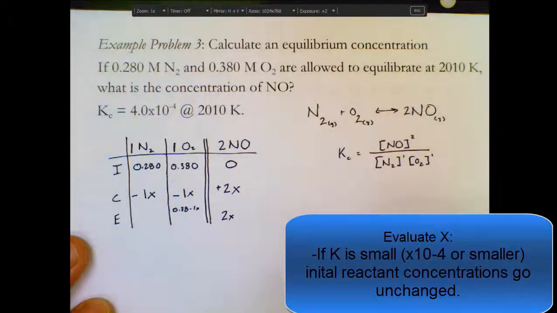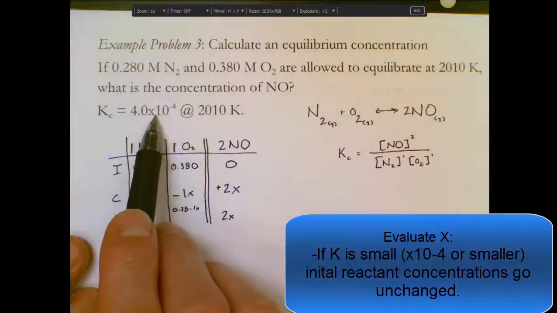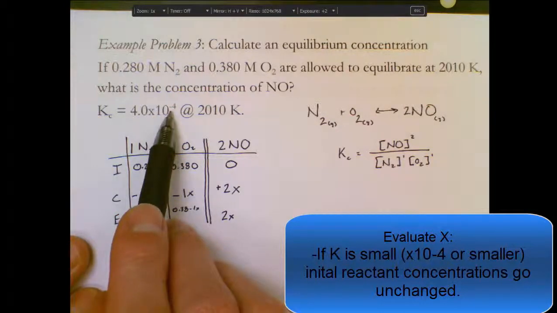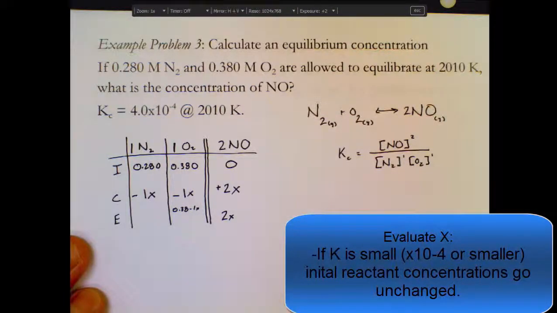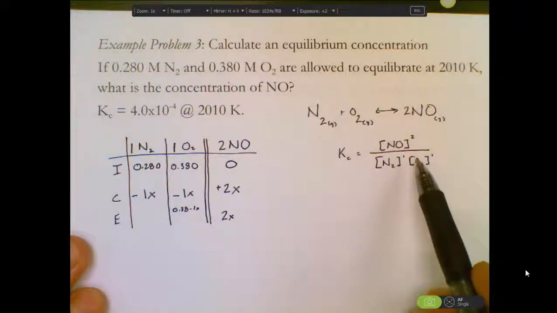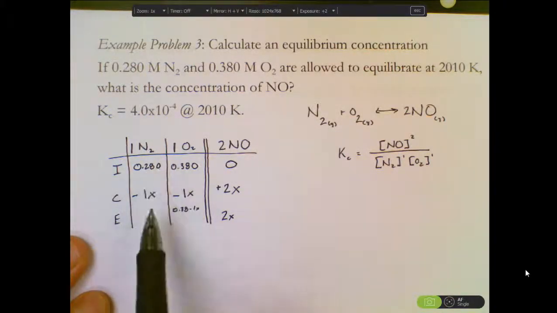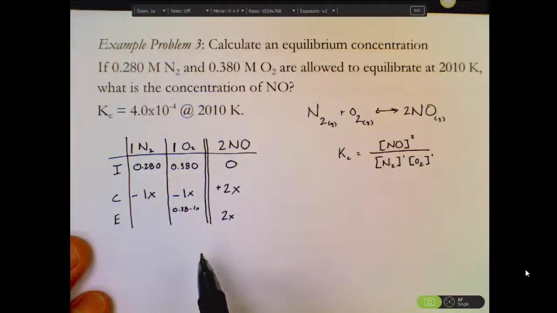However, we are able to take a small liberty with our size of x because we know K is really, really small. Since K is really small, that means that the amount of product we make is very, very small, and most of what we have in our reaction is reactants. Because most of our final equilibrium container is reactants, this equilibrium value, compared to the initial, will barely change.